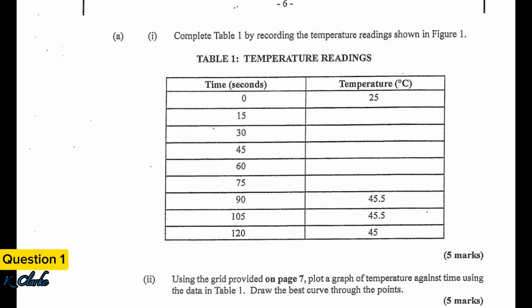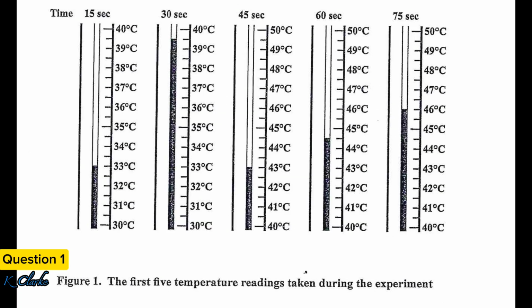A. Part 1. Complete Table 1 by recording the temperature readings shown in Figure 1. At 15 seconds, the temperature is 33 degrees Celsius. At 30 seconds, that will be 39.5 degrees Celsius.